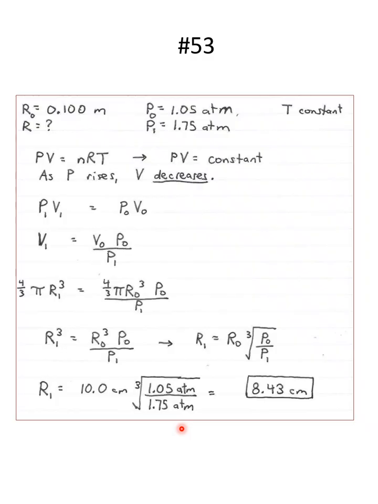Calculators often do not have cube root keys, or sometimes if there's a cube root function, it's a little tedious to get to it. And so an easy way to do cube root in the calculator is just to put it to the 1/3 power. So the exponent of 1/3 is usually an easier way to get there. And you get a smaller radius of 8.43 centimeters.